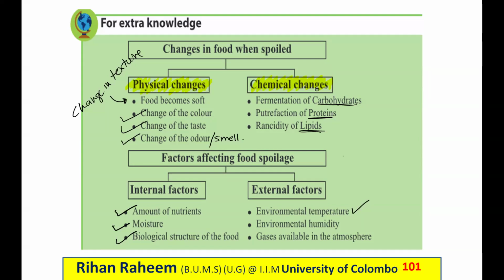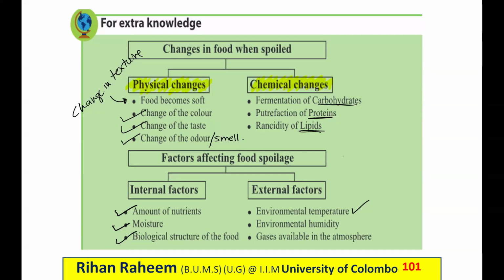Now, for example, in the Nuwara Eliya area, in a very cool environment, if you keep the food out for one night, it won't get spoiled. Maybe if you keep it for a long time, it will get spoiled, but just one night, it won't.